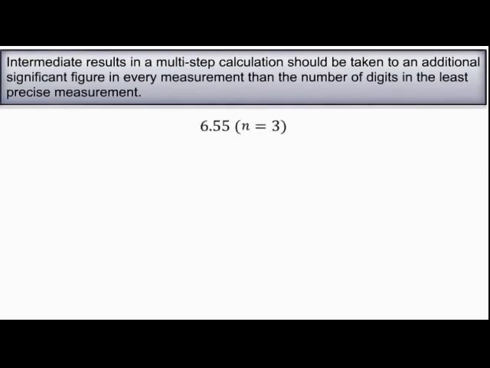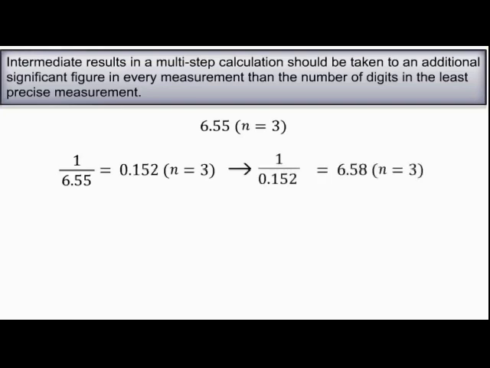The reciprocal of 6.55 taken to the same number of significant digits, that is 3, is 0.152. However, the reciprocal of 0.152 is 6.58, which does not match the original data we had.